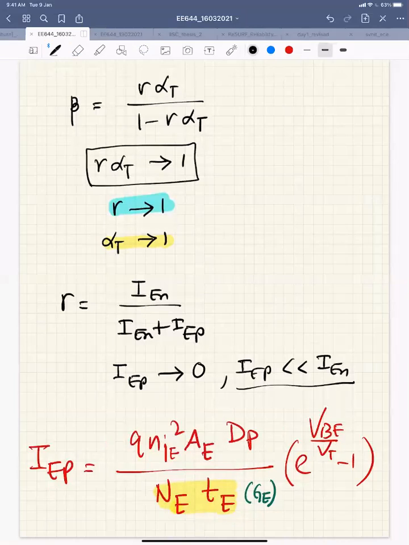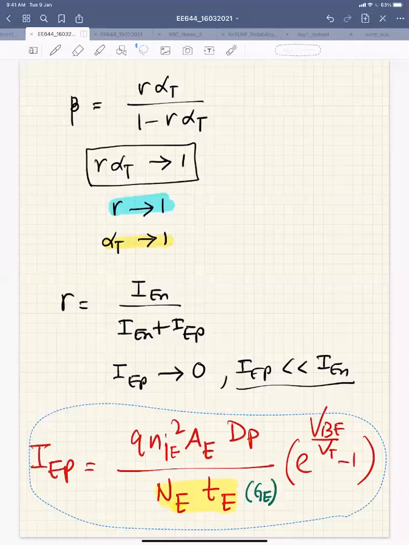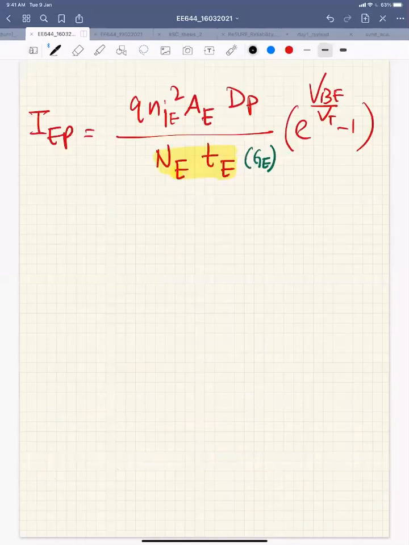So basically, what you want, copy this. Okay. So you want your N D E to be high, right? Your W E also to be high, right?